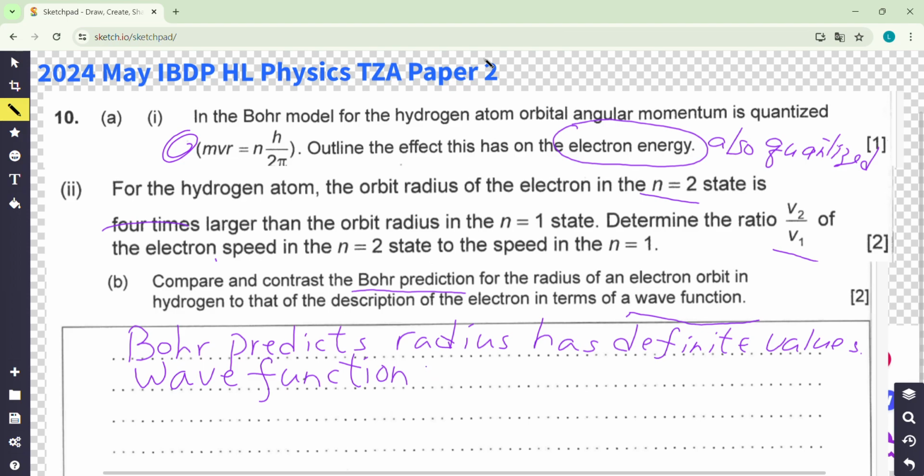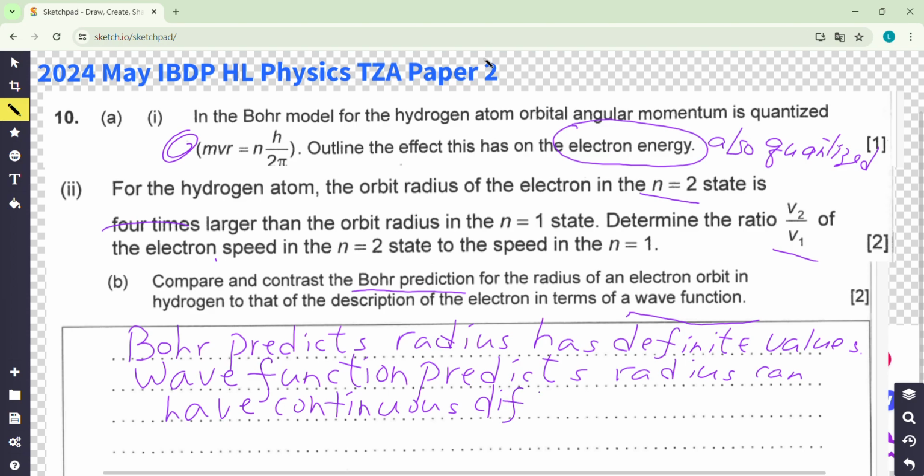So wave function predicts the radius can have continuous values. Continuous is important, with different probability. You stress the probability and continuous values, and it will be excellent.